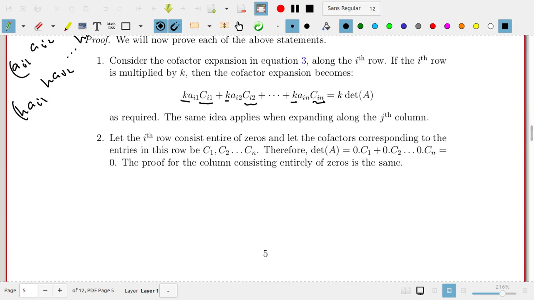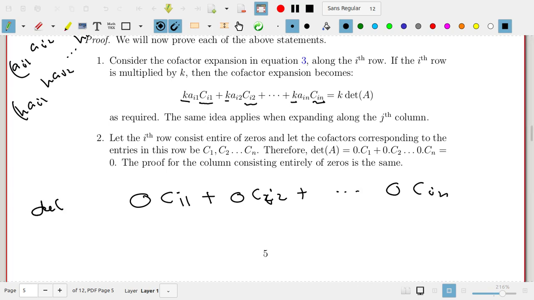That's pretty obvious, and it's trivial to prove, because if the ith row consists entirely of zeros, then you have 0 times CI1 plus 0 times CI2 plus 0 times CIN. In fact, I should write these as CI1, CI2, CIN. So this would be your det A, which is equal to 0.